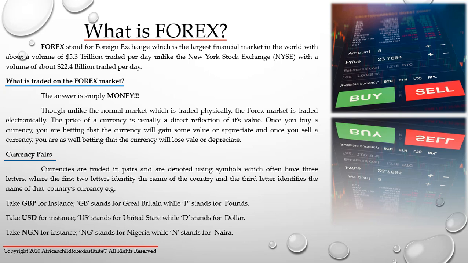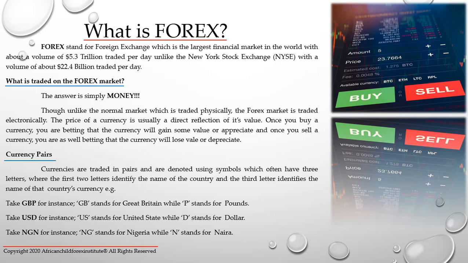The price of a currency is always a reflection of its value. If a currency is stronger than another, we have a price tag for it. It's like going to a mall and wanting to know the price of a mobile device or a car.